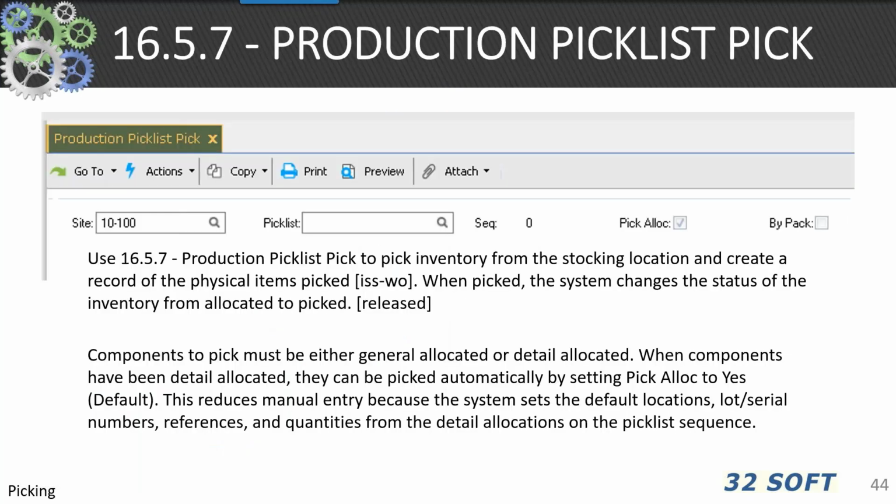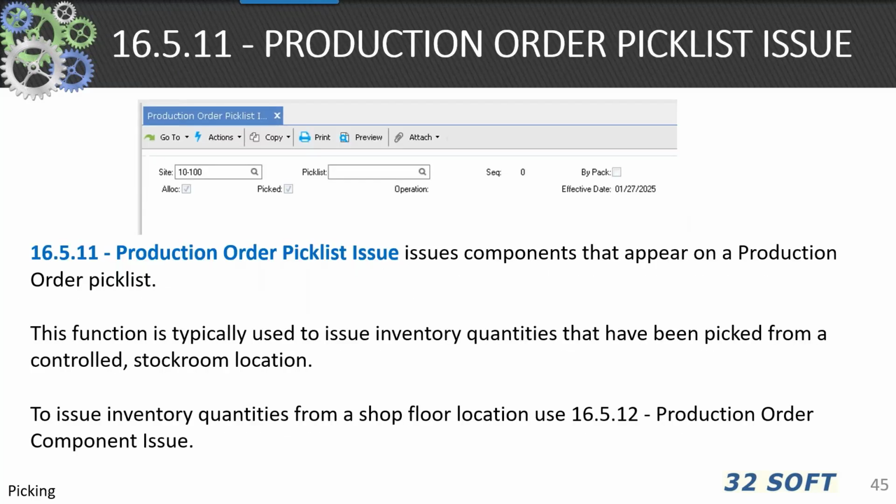The 16.5.7 production order pick list is used to pick inventory from a stocking location and create a record of that physical item picked. When picked, the system changes the status from allocated to released. 16.5.11 production order pick list issue functions to issue components that require or appear on a production order pick list.